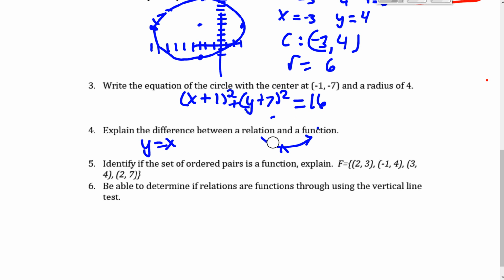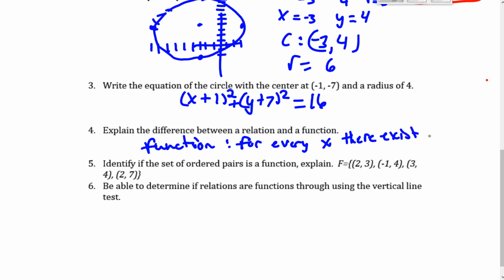So the difference between them is a function has to be, for every x, there exists only one y.